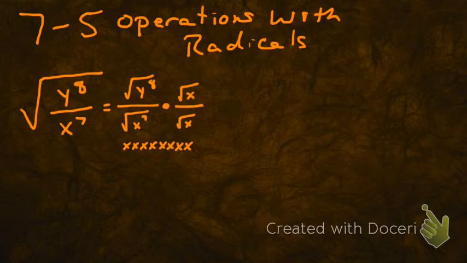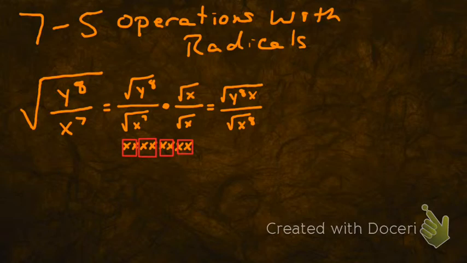So on the top, we would get square root of y to the 8th x. And on the bottom, we would get the square root of x to the 8th, which solves our problem of a root on the bottom. We simplify the top. We should be getting to a point where we can look at that top and see in our head what it simplifies to.